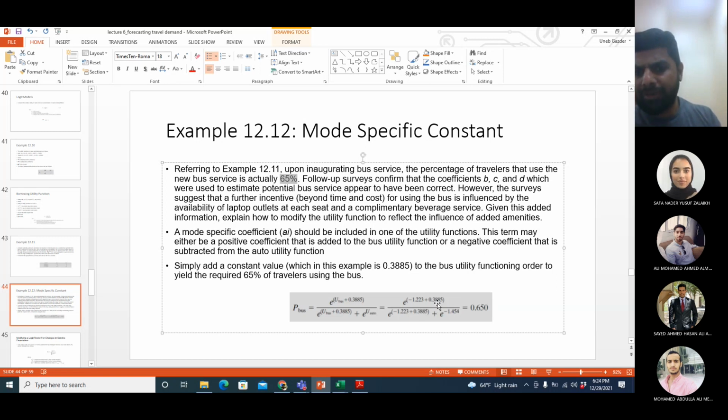So let's say 0.38885, you replace it with A and put this whole term equal to 0.65. Then you calculate the value of A. If you know how to solve the exponential equation, you can use that. Or if you are somebody like me who doesn't like to solve complex equations, just use trial and error.